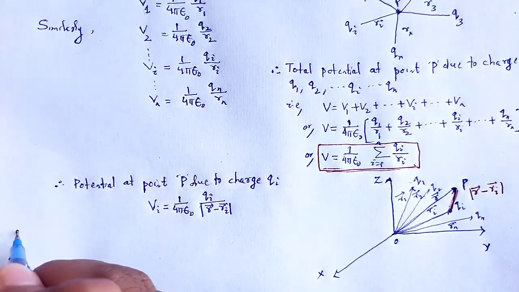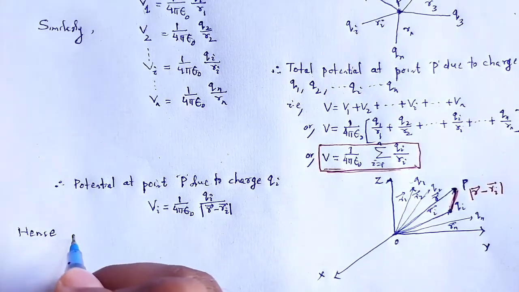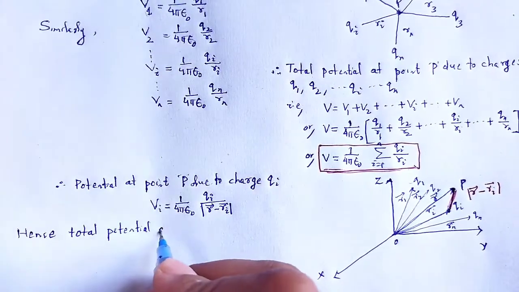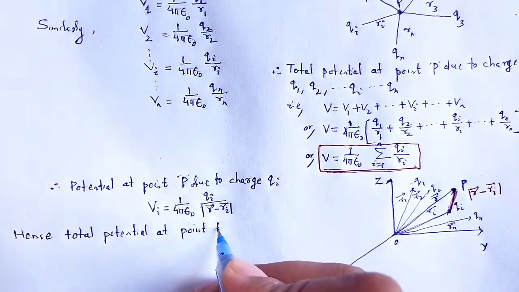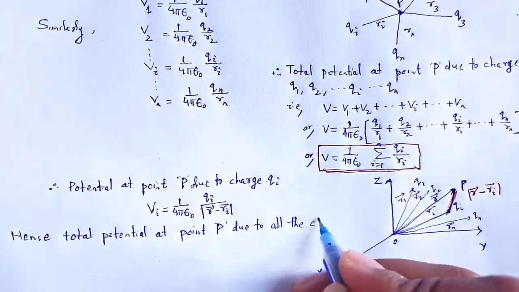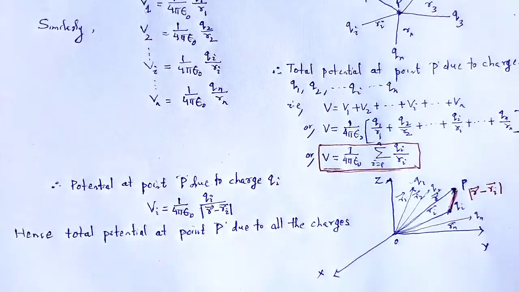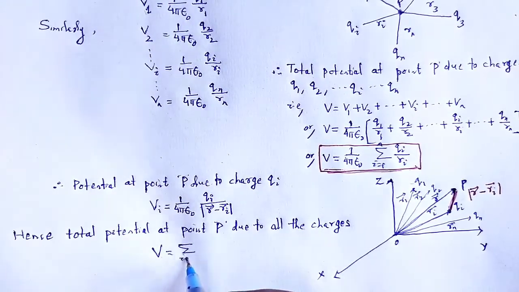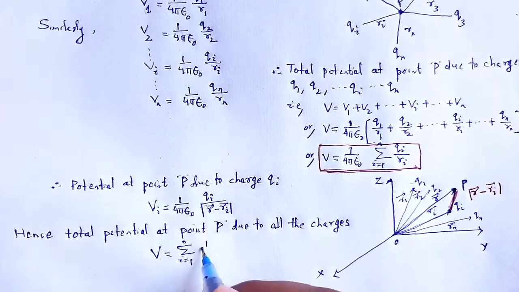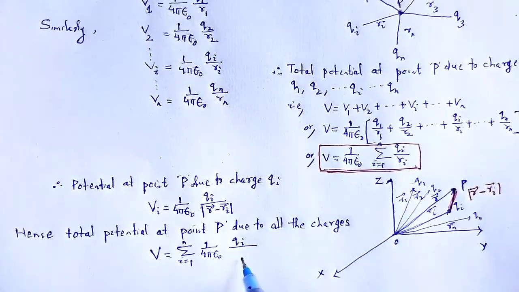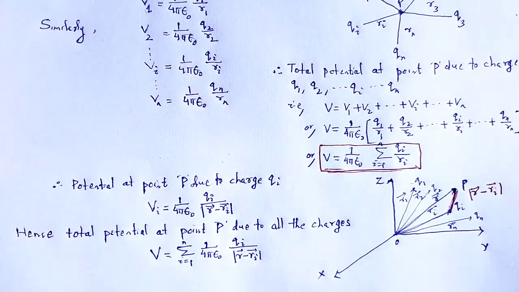Hence the total potential at point P due to all the charges is V equal to summation over i from 1 to n of 1 by 4 pi epsilon naught Qi divided by r vector minus ri vector magnitude.